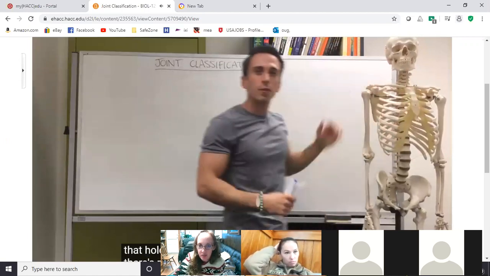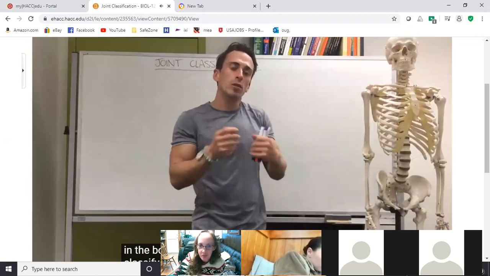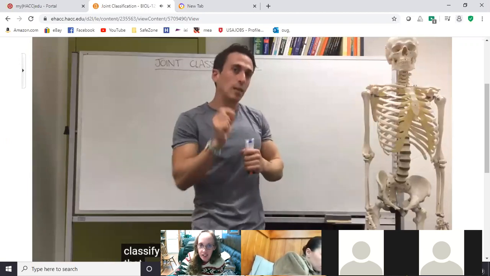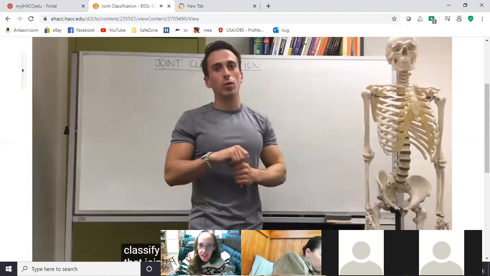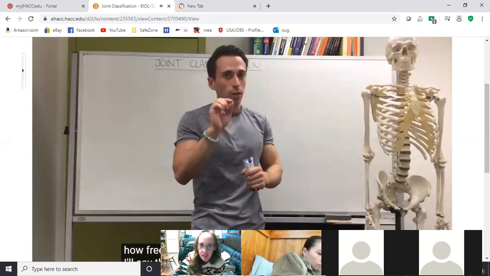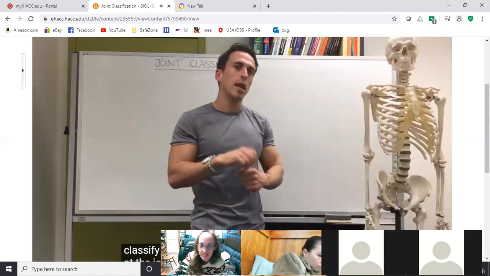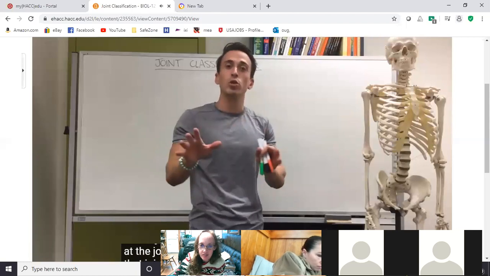So there's many different types of joints in the body, and what we're going to do is classify them according to the space in that joint, and also in accordance with how freely movable that joint is. So I'll say that again, we're going to classify joints by the size of the space at the joint, and also how freely movable that joint is.